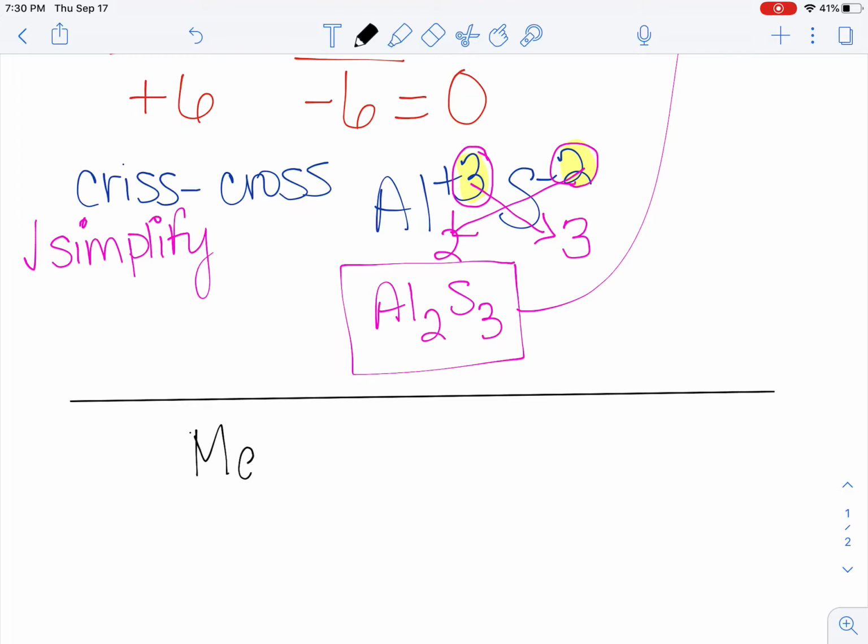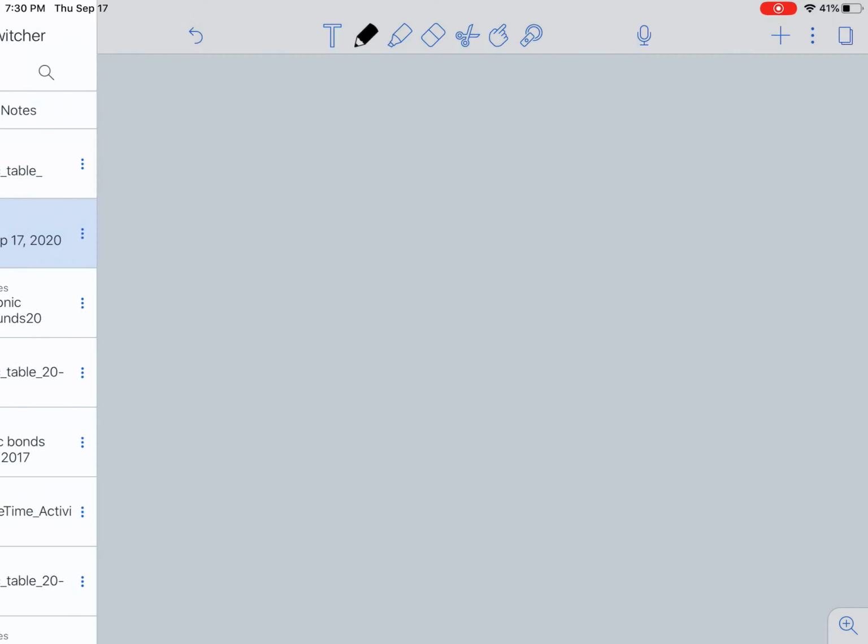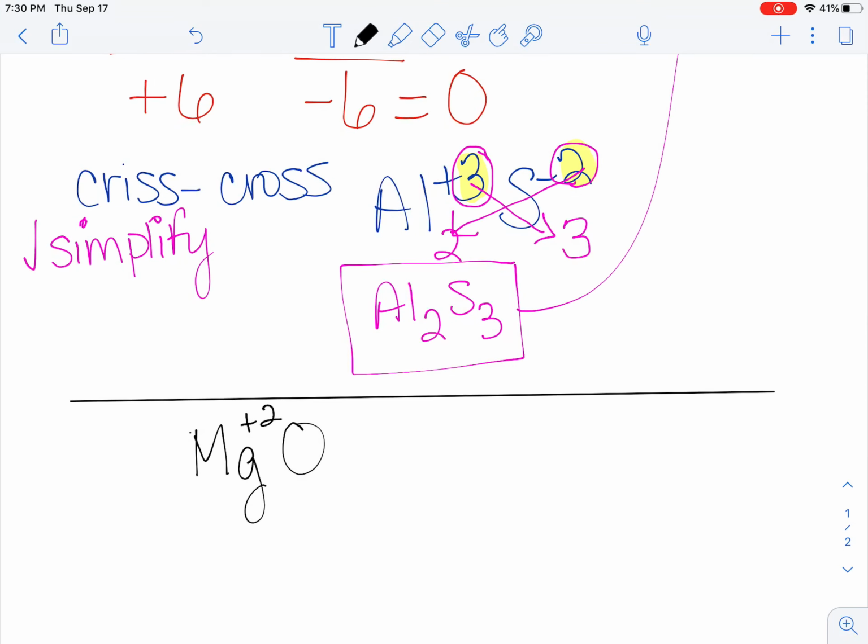Let's look at magnesium and oxygen. We looked at this earlier. Magnesium here is a +2. Oxygen is a -2. +2 and -2. If you were to do the crisscross method and just take the absolute value and cross the 2 down here and the 2 down here, you would get Mg2O2.